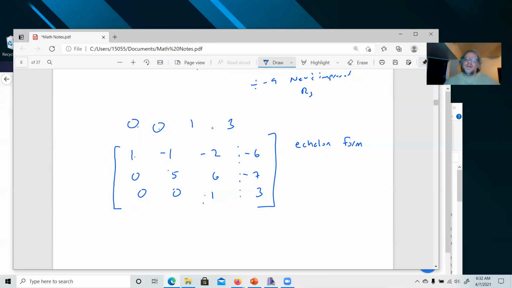Technically, I guess this could be a 0 here, but then you're going to end up with a no solution or an infinite number of solutions. But pretty much your main diagonal entry has something in it, and the things before it are all zeros. This is echelon form.